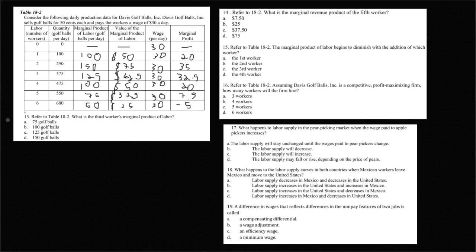So now that I filled in this table, we can start answering some of these questions. What is the third worker's marginal product of labor? Well, we can go to the third worker and go to the marginal product of labor, and that is 125. Marginal revenue product for the fifth worker, which is marginal revenue product, is just this.